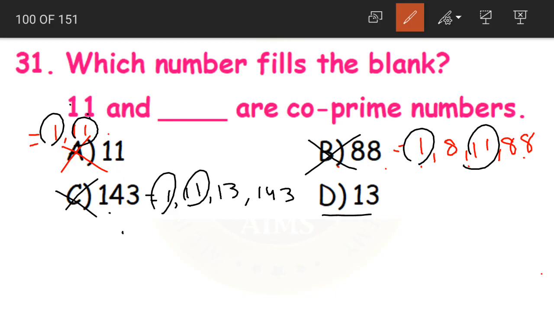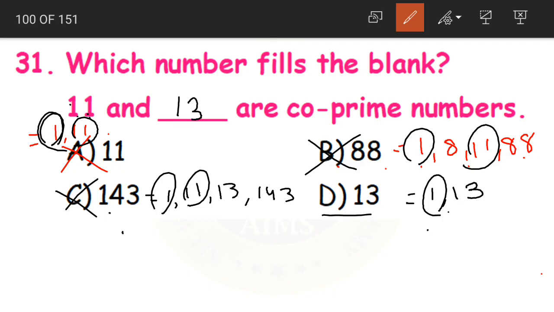Coming to the last one, 13 has only two factors, that is 1 and 13. Now if you look at 11 and 13, they have only one common factor, that is 1. So 11 and 13 are our co-prime numbers.